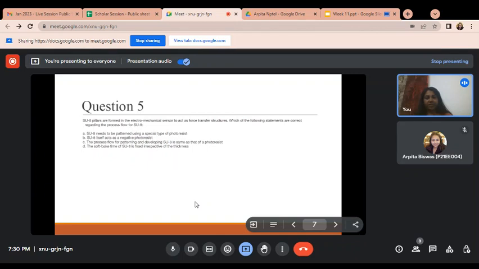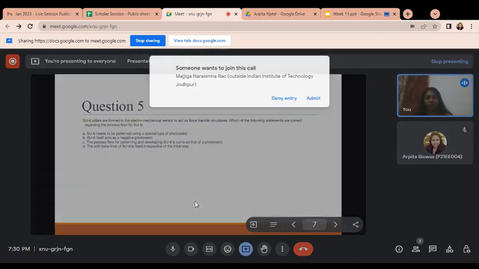SU-8 pillars are formed in the electromechanical sensor to act as force transfer structure. Which of the following statements are correct regarding the process flow for SU-8?